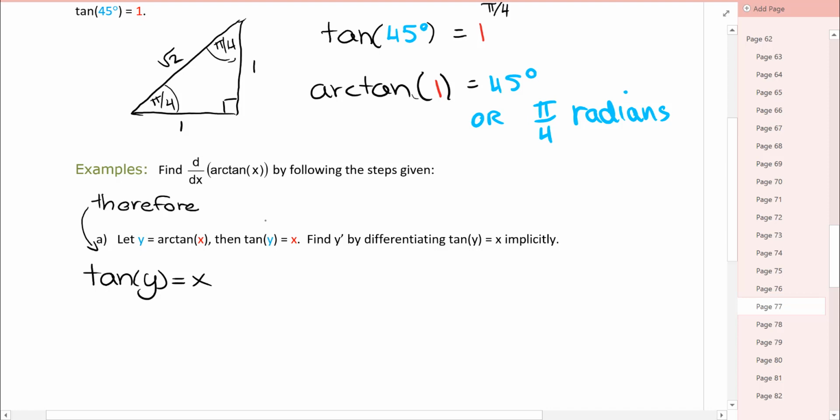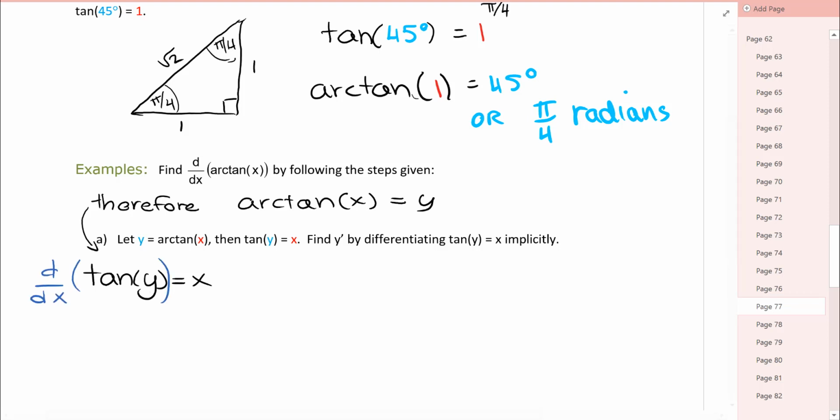Therefore, arctan x equals y. We're going to come along and go d by dx of both sides.